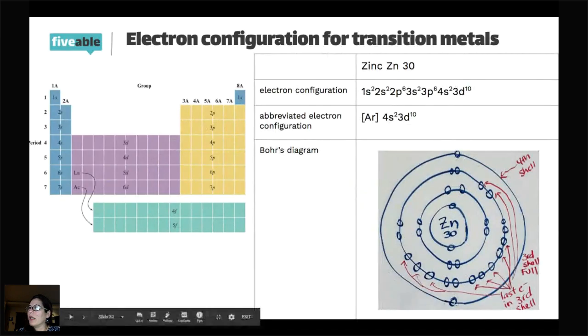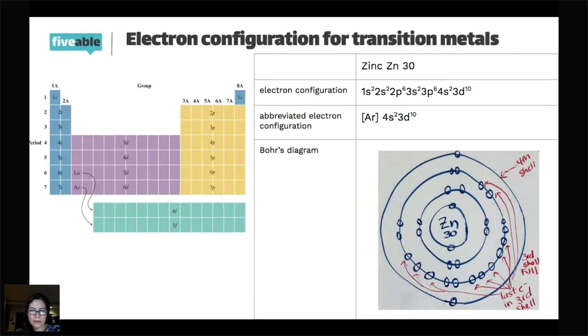Now the third shell again will be complete, and the fourth shell now has its 2 valence electrons. Any questions so far? Okay, we are going to move on.